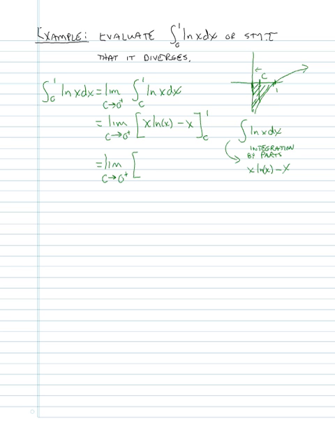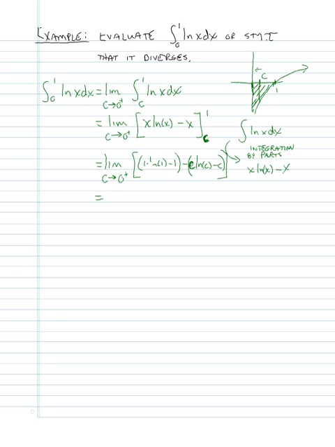Well, when we evaluate at 1, we'll have 1 times the natural log of 1 minus 1. Minus, we evaluate at c, I looked at that and thought it was a 0, it's a c, isn't it? My bad, c times the natural log of c minus c.